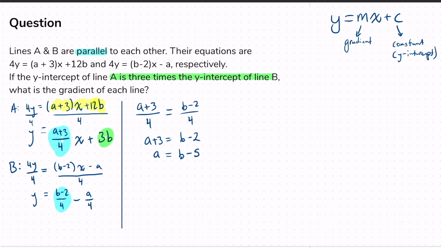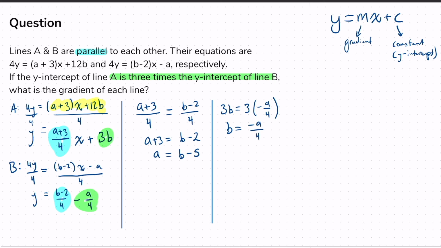The y-intercept of line A and the y-intercept of line B. So line A, 3b, is equal to 3 lots of the y-intercept for line B. Okay, well, I'm going to divide both sides by 3, giving me b equal to negative a over 4.